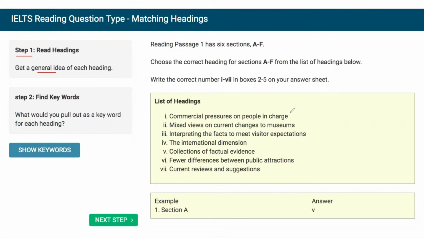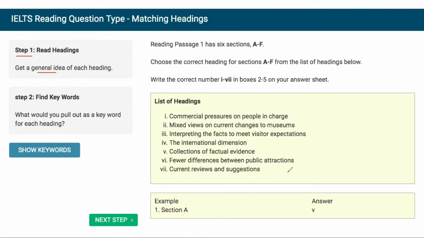We see 1, commercial pressures on people in charge. 2, mixed views on current changes to museums. So already we know something will be talking about museums and perhaps the people who work in those museums. 3, interpreting the facts to meet visitor expectations. Again, visitors who go to museums. 4, the international dimension. 5, collections of factual evidence. 6, fewer differences between public attractions.